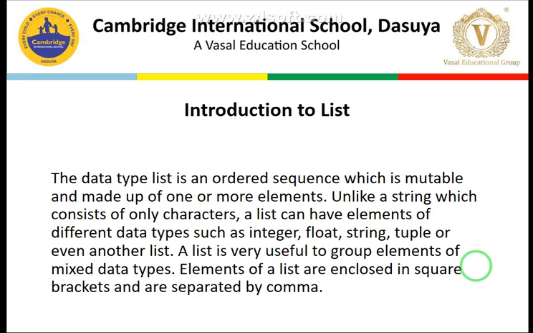Unlike a string which consists of only characters, a list can have elements of different data types. So in a list we can store mixed type values like integer, float, and string values in a single list. A list is very useful to group elements of mixed data types. Elements of a list are enclosed within square brackets and separated by commas.